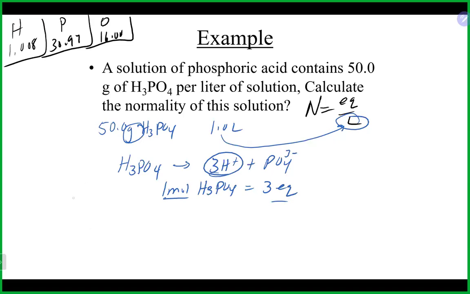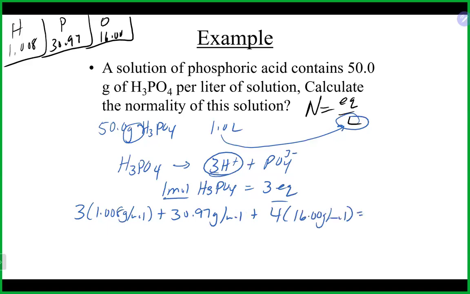So we'll get the molar mass here of phosphoric acid. So 3 times 1.008 for our hydrogen, plus 30.97 for our phosphorus, plus 4 times 16 for our oxygen.